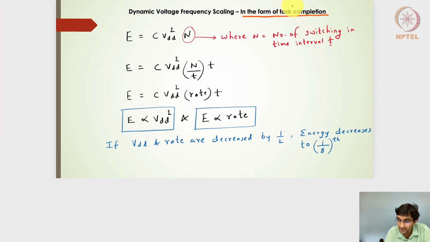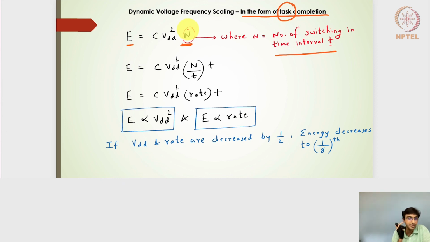For any task, I will have the output node switching. So if I want to find out the energy delivered by the VDD for that particular task, I need to understand the number of switchings at that output node in the time interval of T. Here the energy delivered by the VDD for that task to get completed is given as C VDD square multiplied by the number of output node switchings.